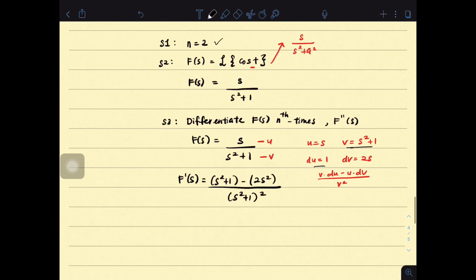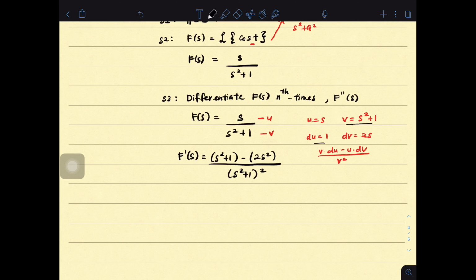Okay, so if we simplify the numerator, we will see that we have s squared plus 1 minus 2s squared over (s squared plus 1) to the power of 2. So here s squared minus 2s squared is negative s squared, therefore you will have (1 minus s squared) over (s squared plus 1) to the power of 2.